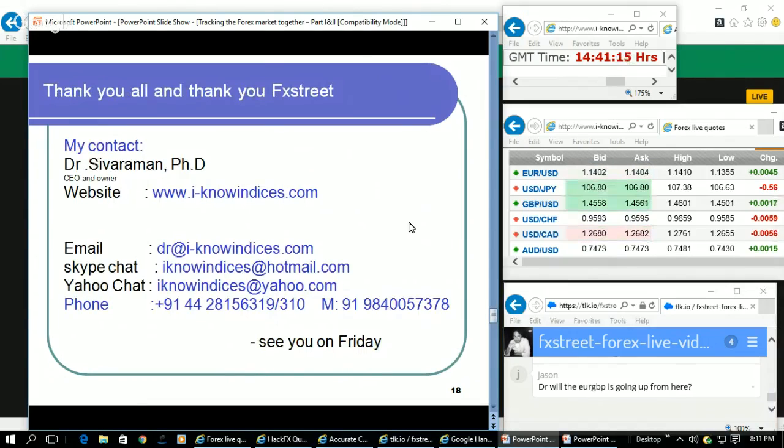Okay, there is a question. Will Euro GBP go up from here? When you look into the net changes, Euro is making a 46 pips positive net change, whereas GBP is showing 17 pips positive net change. So Euro is showing more, and both are in the green.